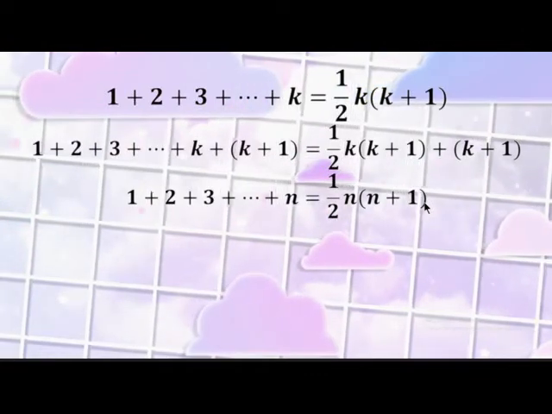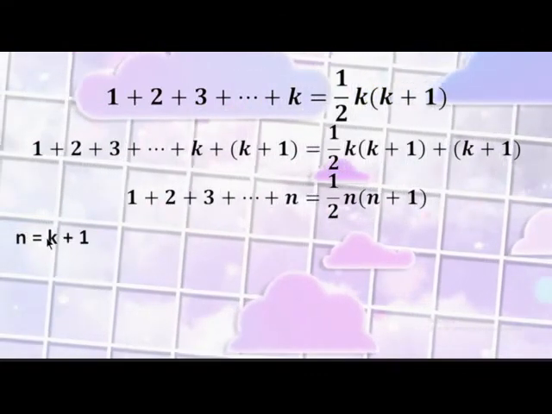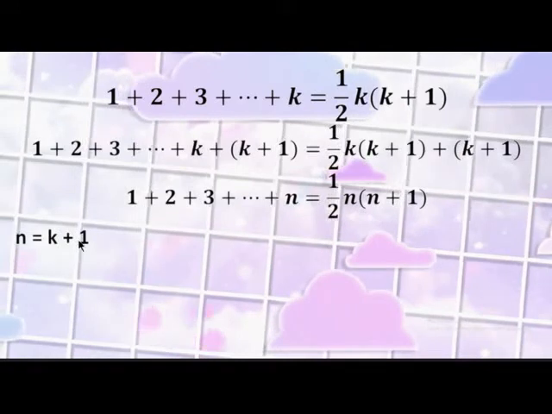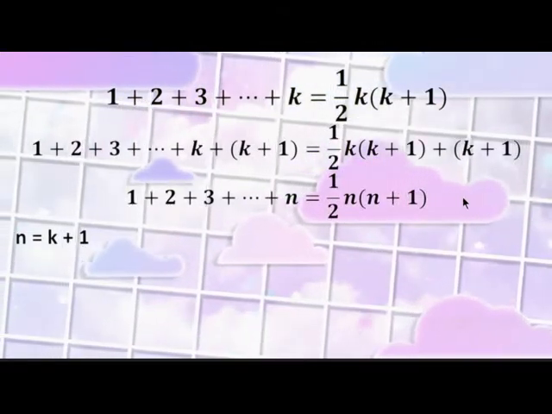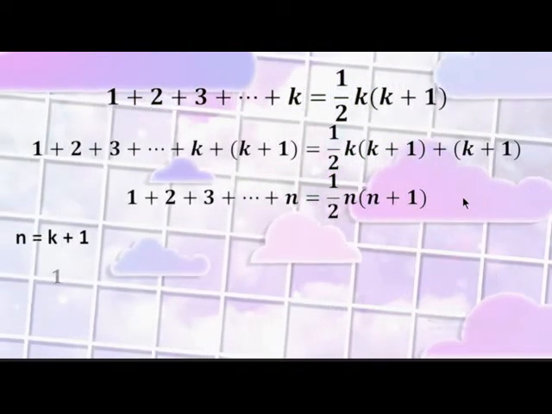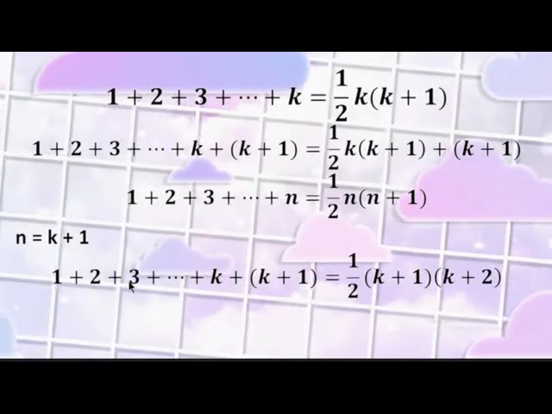Now we substitute the value of n equal to k plus 1 into the original statement. Now we get 1 plus 2 plus 3 plus ... plus k plus 1 equals 1 per 2. Remember, substitute every n with k plus 1. This n, k plus 1 multiplied by k plus 1 plus 1, it's k plus 2.